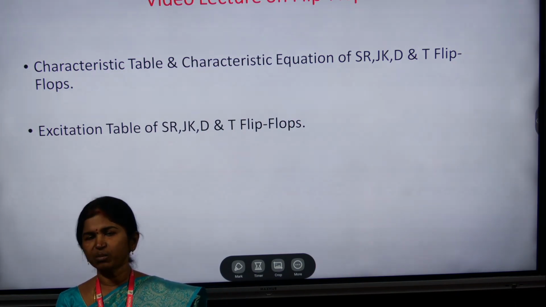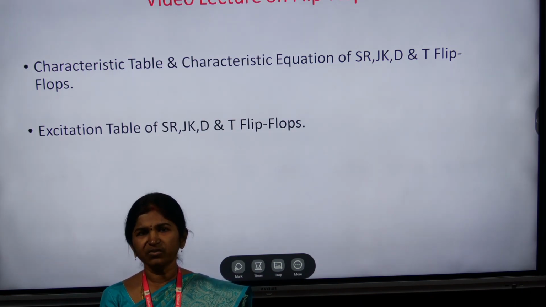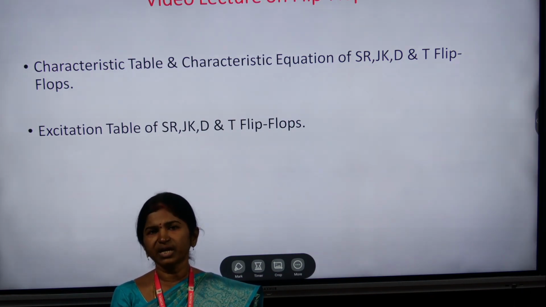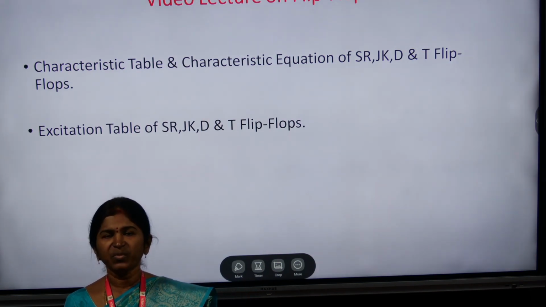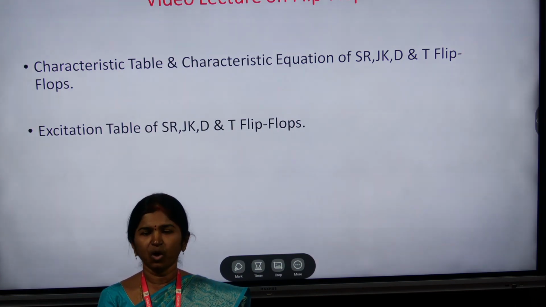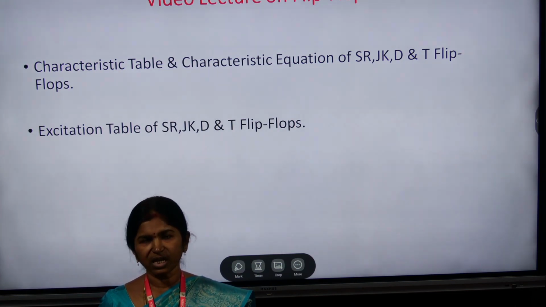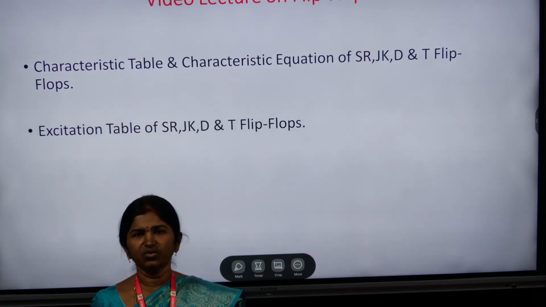How will you define this characteristic table? What is the information this table gives us? The characteristic table gives the information about the next state of the flip-flop based on the current state as well as the flip-flop inputs. This characteristic table is basically derived from the truth table of the flip-flops.